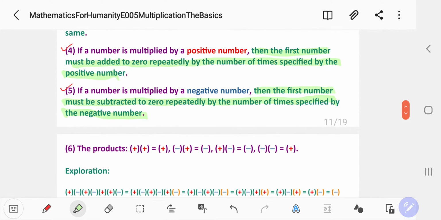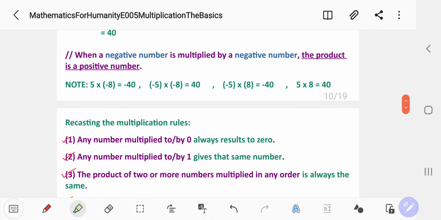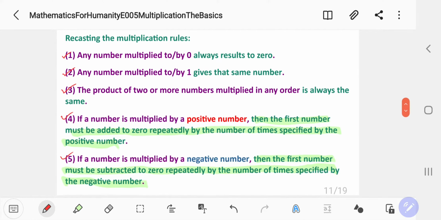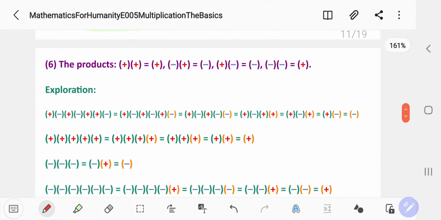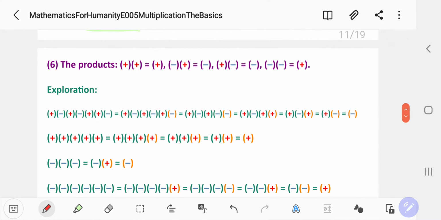And the 6th rule, from this note here, is that the product of two positive numbers is positive, the product of a negative and positive number is negative, the product of a positive and negative number is negative, and the product of two negative numbers is positive. Remember this. This is very important.